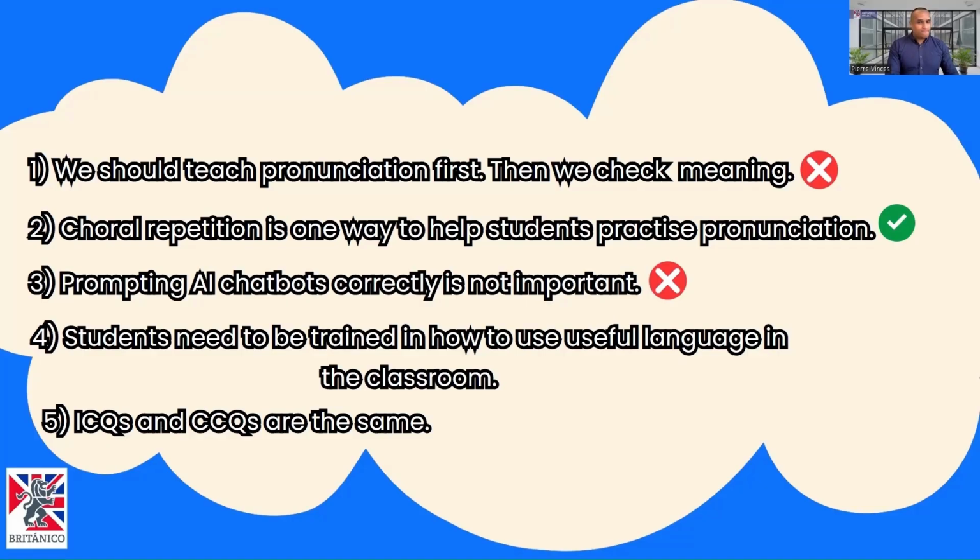Do you remember them? Role, context, specific task, some limitations, characteristics, the number of questions or sentences, and the format. Well done. Number 4, students need to be trained in how to use useful language in the classroom.